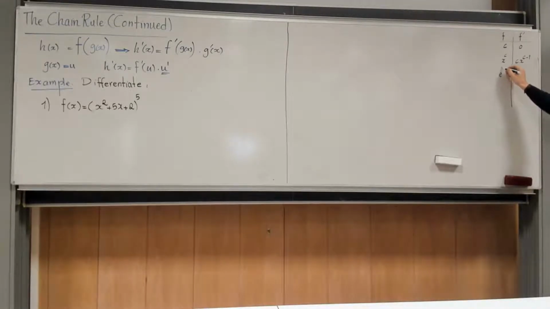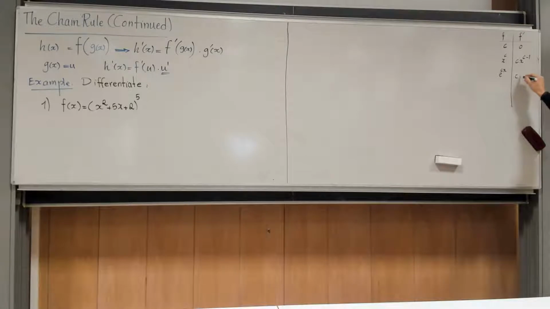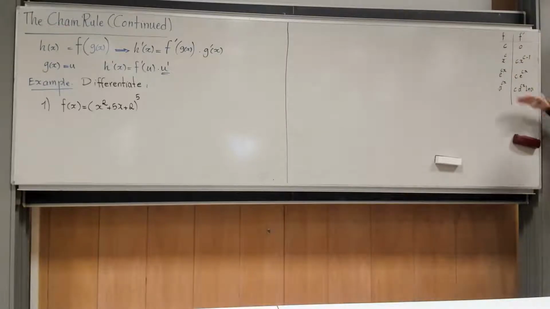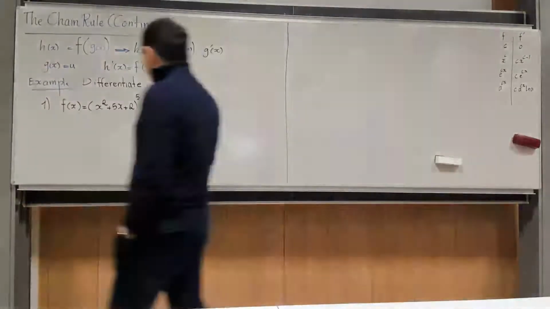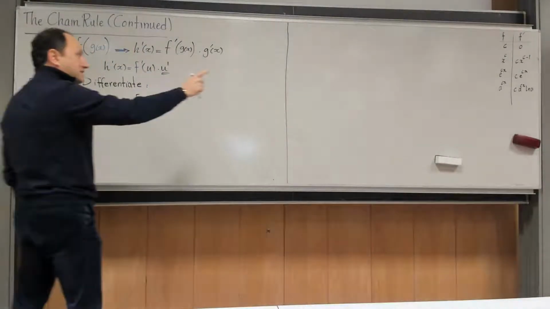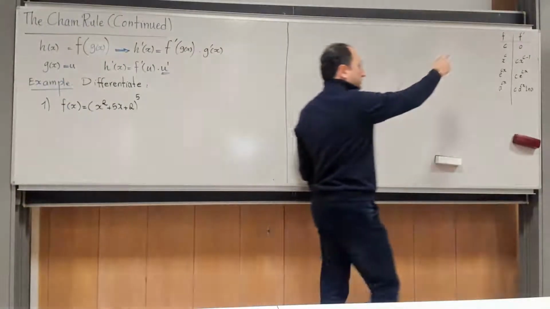If you have e to the power c x, yes, and then you get c e to the power c x. And if you have a to the power c x, you get c a to the power c x ln of a. Okay, but this is the only thing that you will get, and of course more functions that we will study later. But you will not get any chain rule version of that.